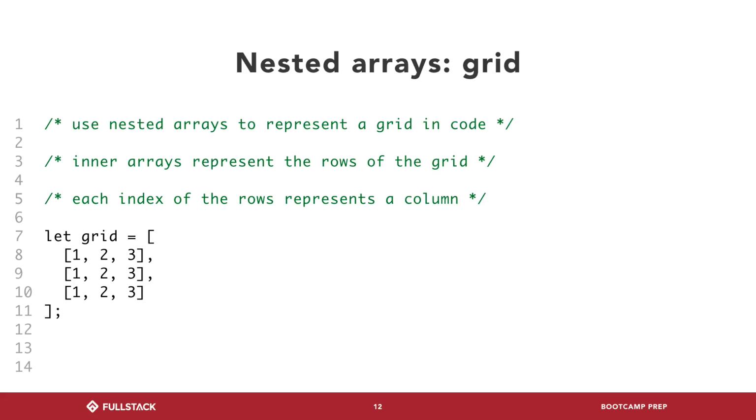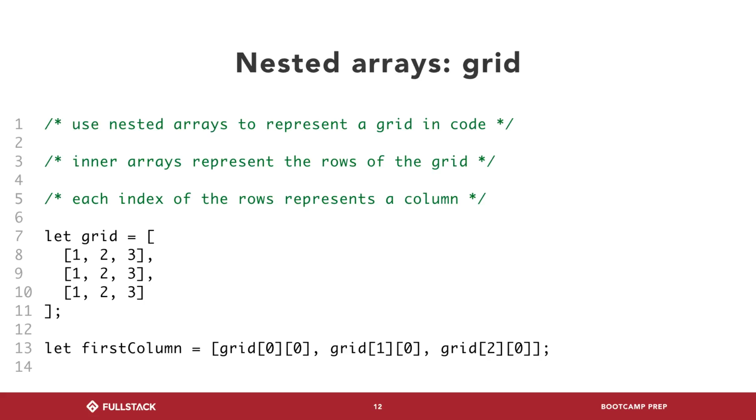So now that we've created this grid system here, if I want to make an array of the first row, how do I do that? Would be grid 0.